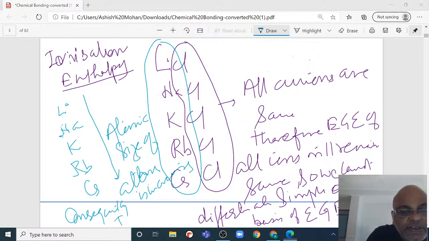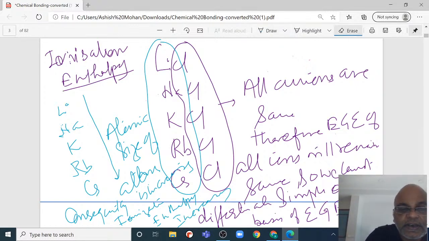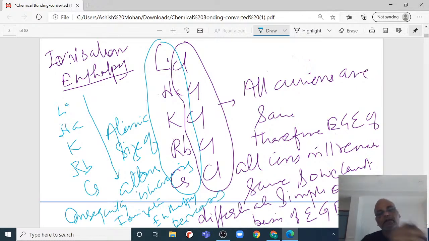Consequently, ionization enthalpy decreases. Sorry, decreases. Ionization enthalpy decreases.